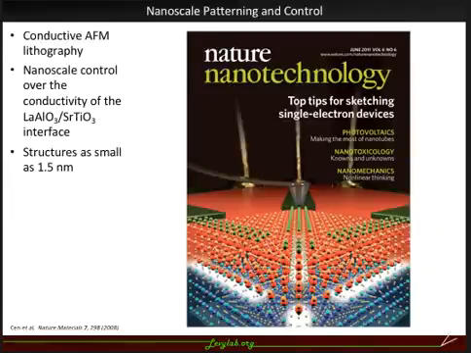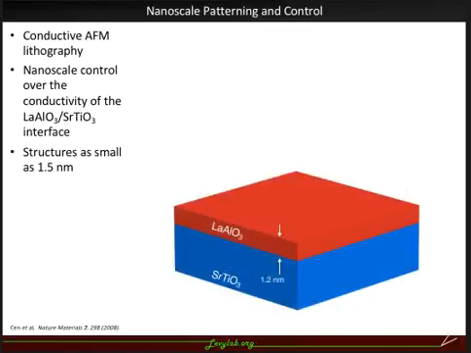So one additional ingredient that we need then is the ability to control all these properties on the nanoscale. And to do that, we've developed a conductive atomic force microscope lithography technique. And so again, we have strontium titanate and then a thin layer of lanthanum aluminate grown on top. It's usually around 1.2 nanometers.